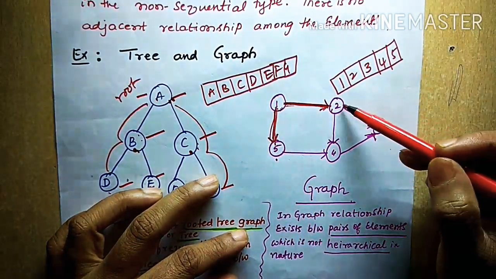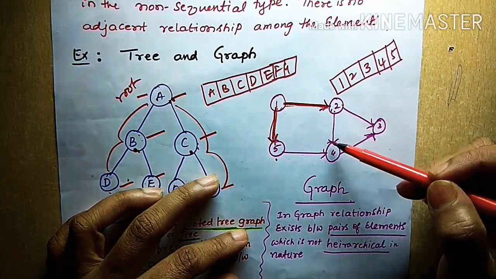In the same way, 2 is paired with 3 and 2 is paired with 4.